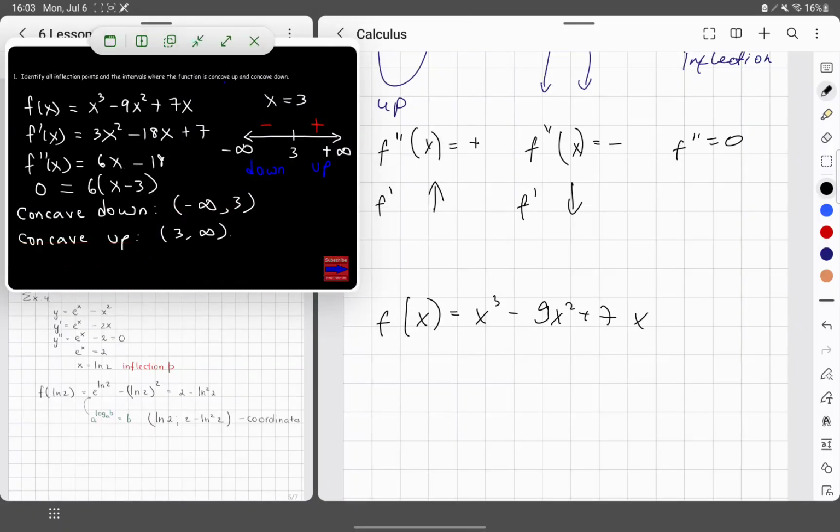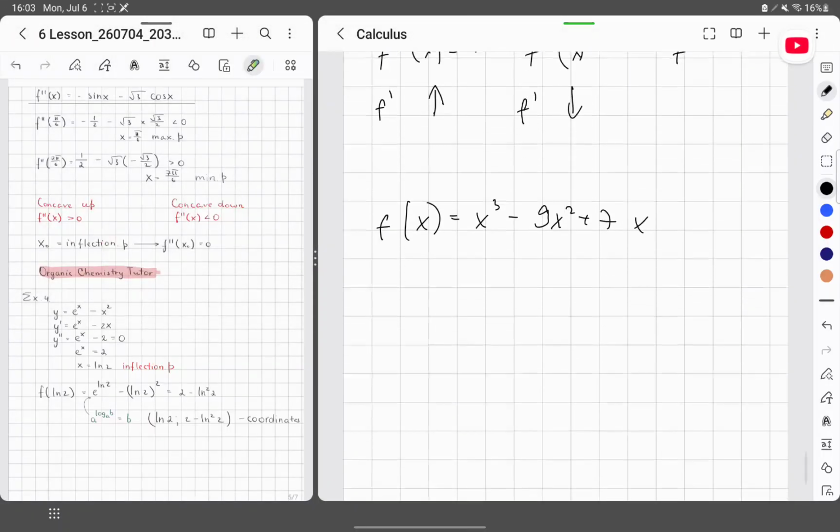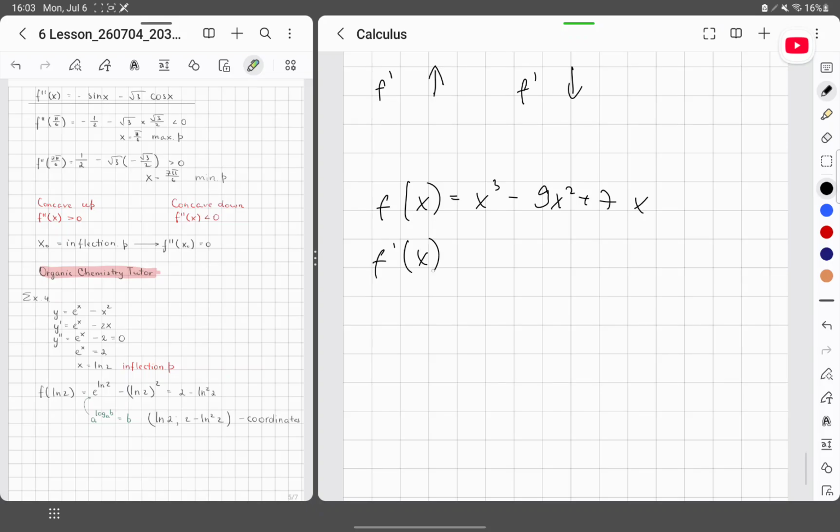So firstly, let's find the first derivative of this function. What about the second one? Sorry, that will be plus 7. What about the second derivative? 6x minus 18.